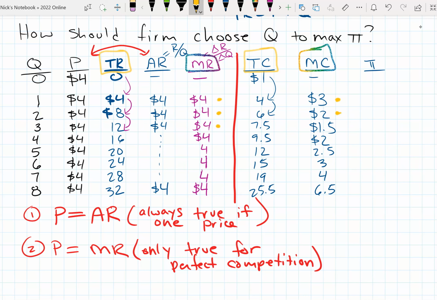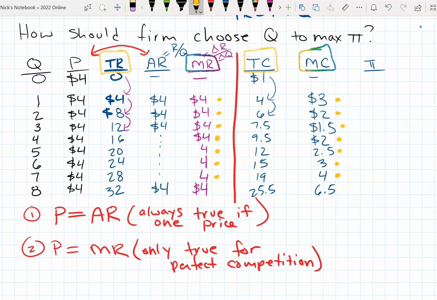Then we make $4 off the next one and it costs us $1.50, so that's a gain. And $4 off the next one and it costs us $2, that's a gain. Then $4 and it costs $2.50, a gain. And $4 and it costs $3, a gain. The final one we stop: it's $4 and it costs us $4.